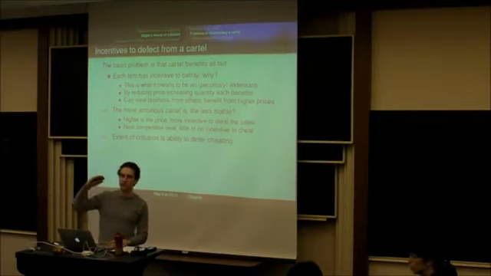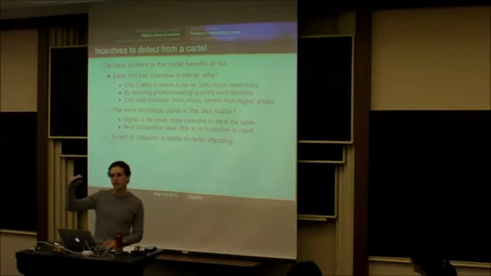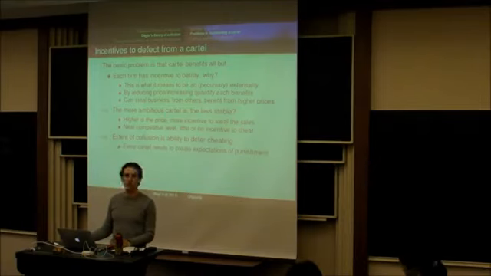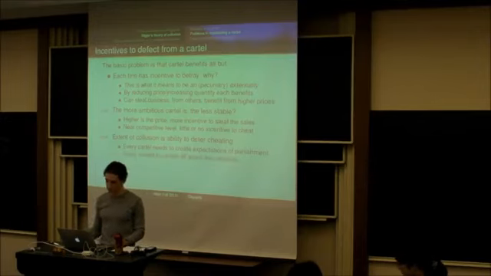Similarly, you can sustain an amount of collusion which is just equal to your ability to deter cheating, right? So every cartel is going to need to create expectations that people who defect from the cartel will be punished either socially or economically.